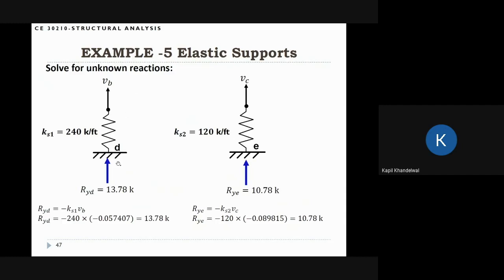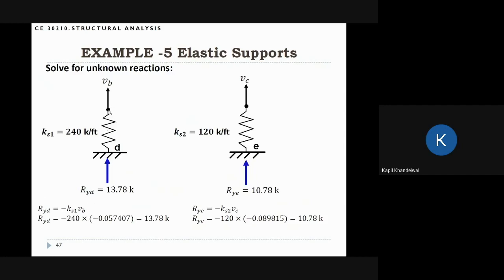If I draw the spring here, with VB the displacement at the B node, then RYD, the reaction here, is minus KS1 times VB. It's simple algebra: we multiply the stiffness coefficient with VB to get the support reaction.